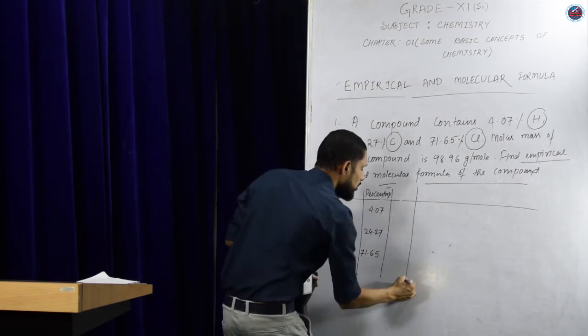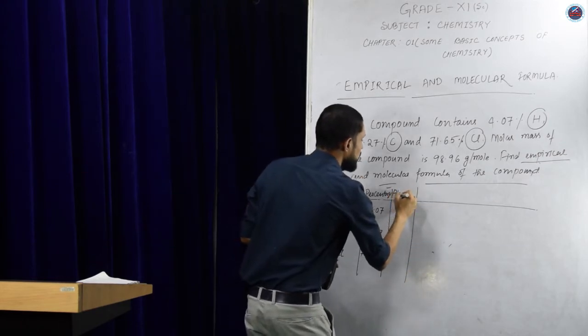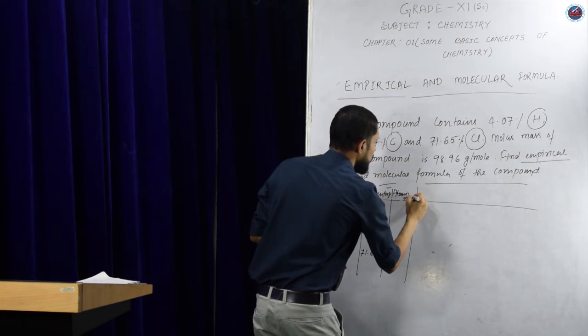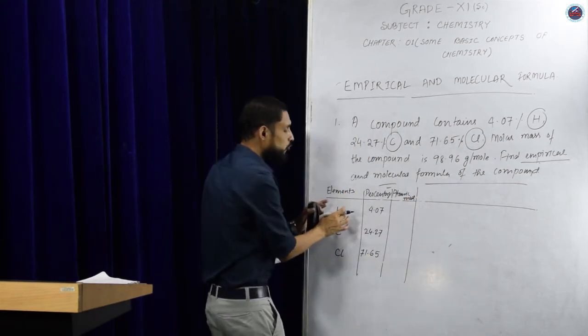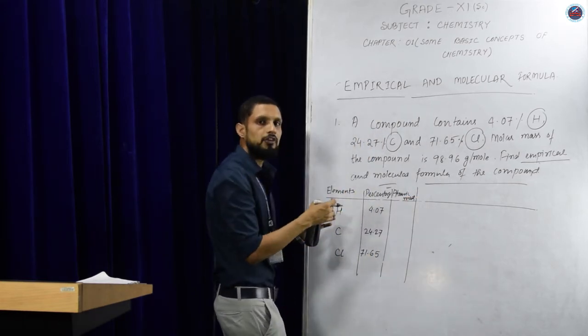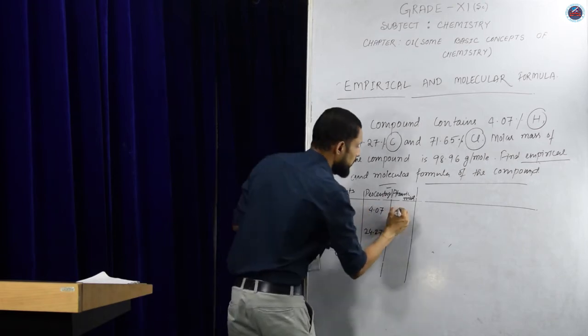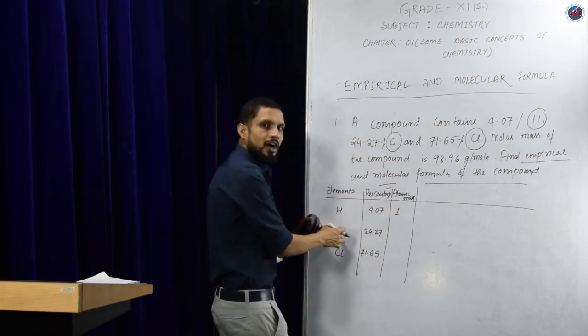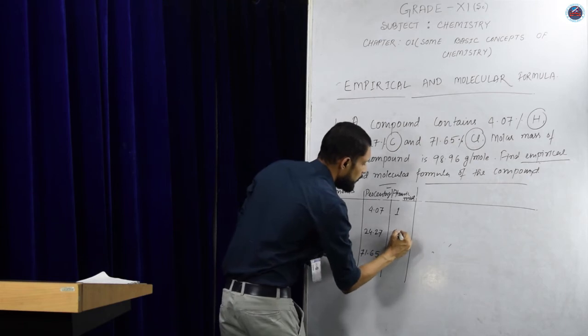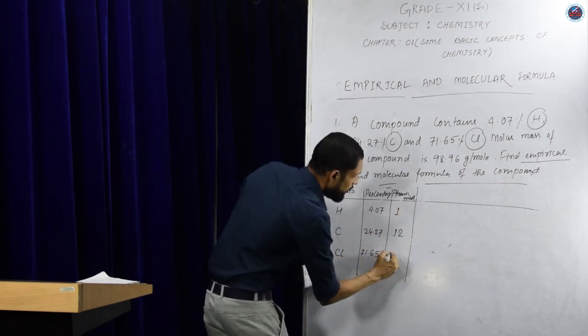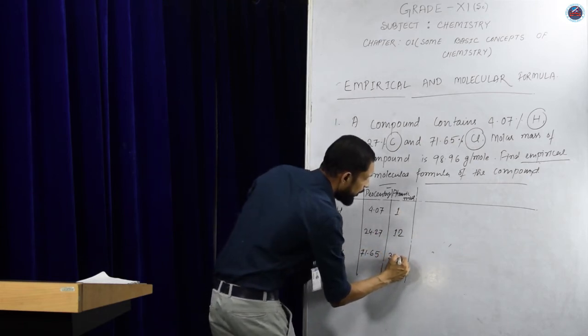Next, atomic mass. Now, atomic mass of hydrogen is 1.008, so we'll take it as 1. Carbon is 12. Chlorine is 35.5.